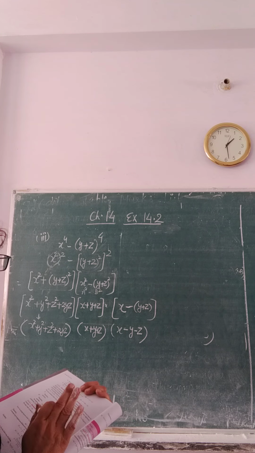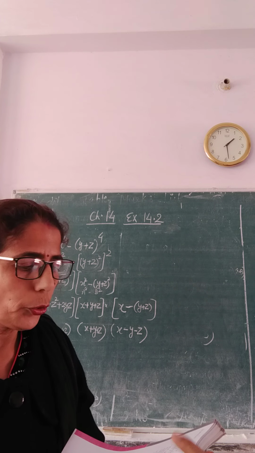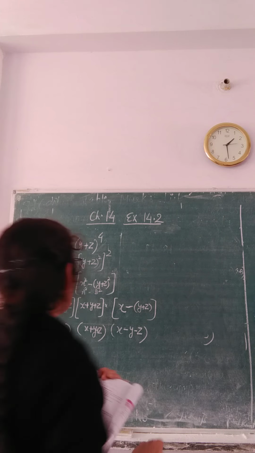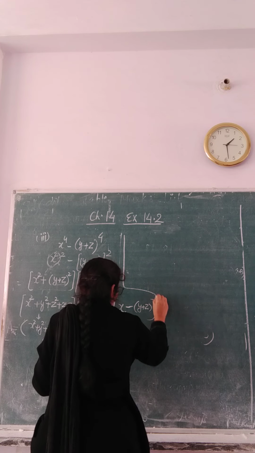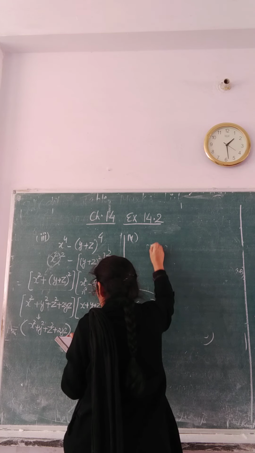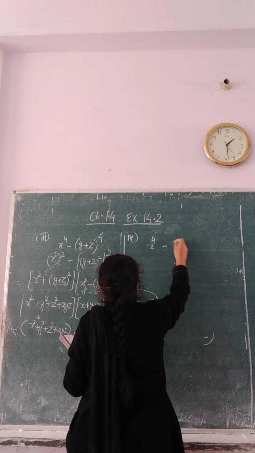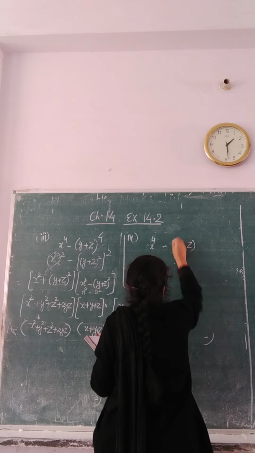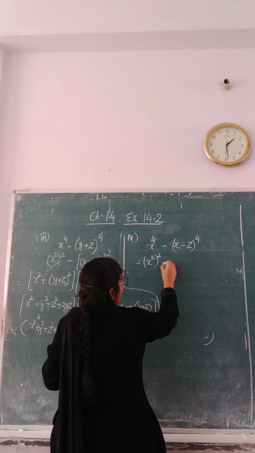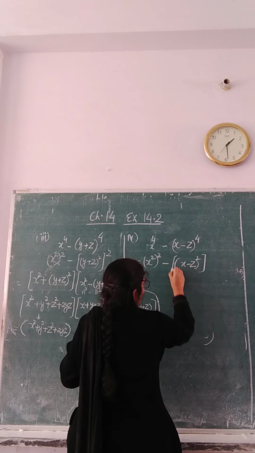Now in the similar manner you can do the 4th and 5th part. I am doing the 4th part for you because there is something which is required to be explained. The 4th part: x raised to power 4 minus (x minus z) whole raised to power 4. (x square) whole square minus ((x minus z) square) whole square.